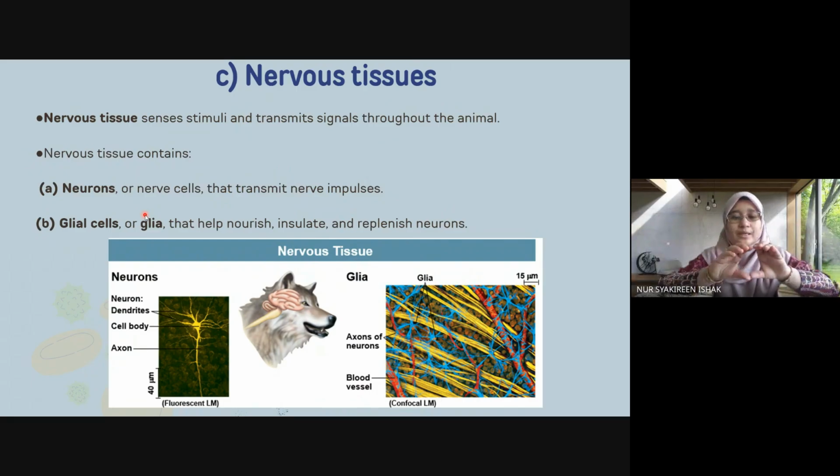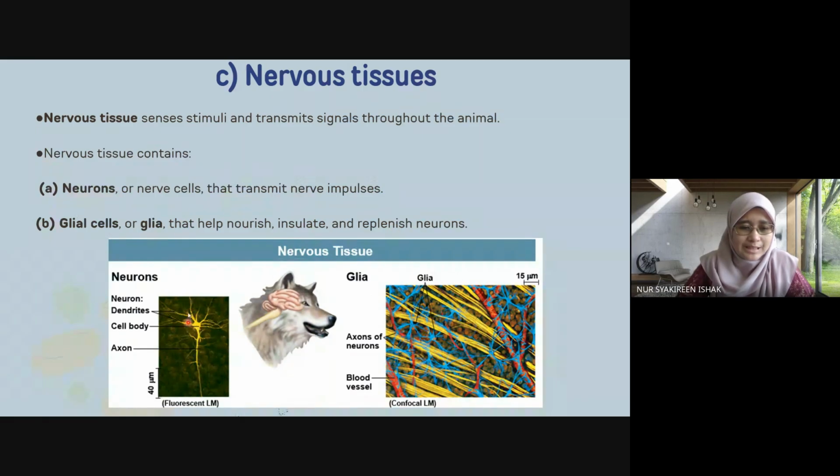The axon part of a neuron is insulated by the myelin sheath. The myelin sheath is made up of Schwann cells, which are an example of glial cells. Another function of the glial cell is to replenish the neurons.